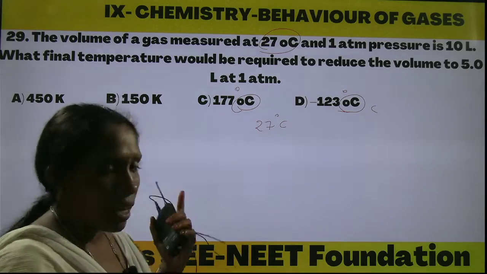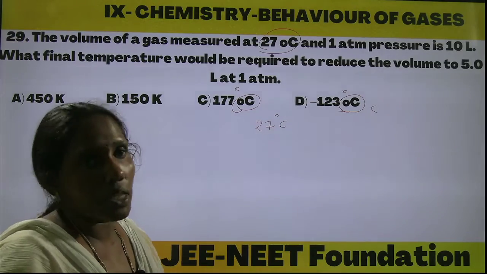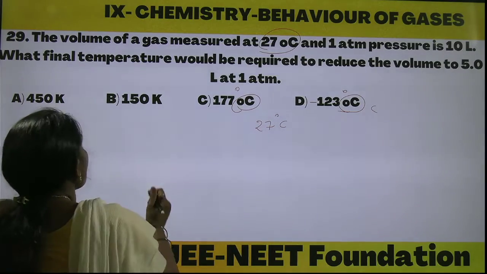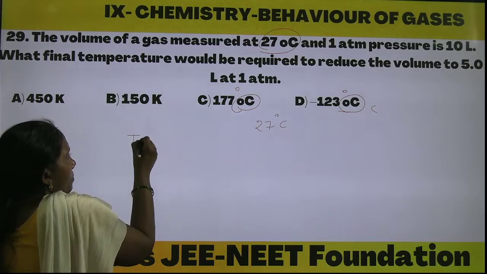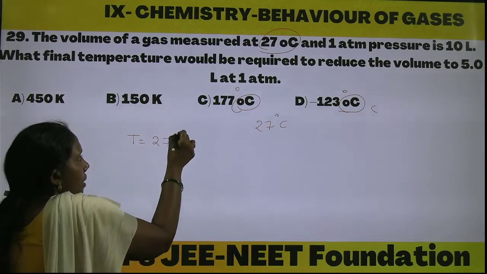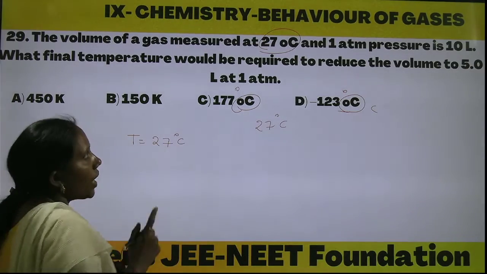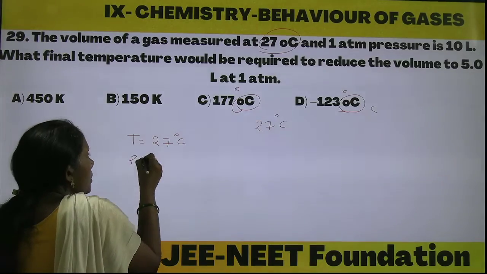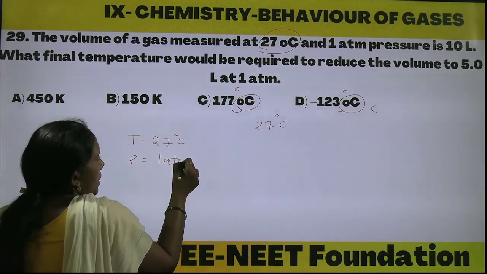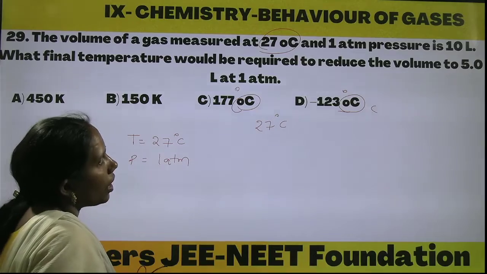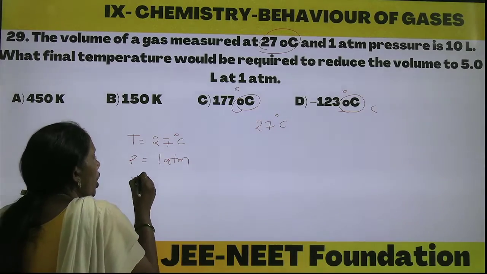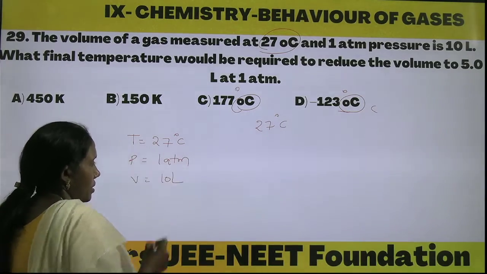So, from the first line of the question, we have some data. They gave temperature as 27 degrees Celsius, pressure 1 atmosphere, and volume is 10 liters.